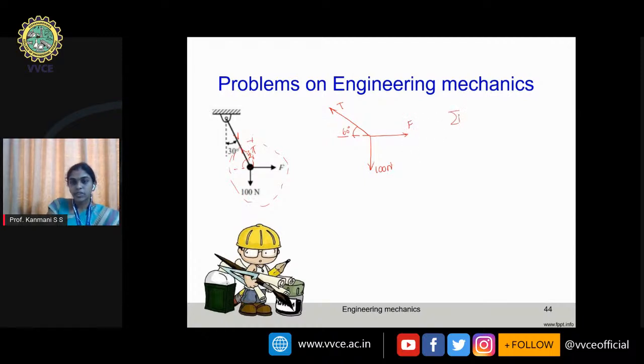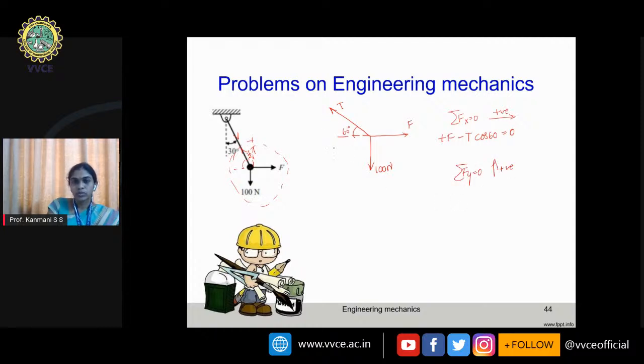So I will write summation Fx is equal to 0. So this is 60 degree, Fx is equal to 0. If you apply that, horizontal force towards right is positive, plus F minus T cos 60 is equal to 0. You don't know the value of T cos 60, so keep it as it is. I'll apply another equation, summation Fy equal to 0.